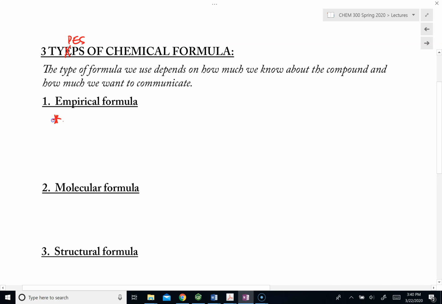So let's write a few things about the empirical formula. This is the simplest type of chemical formula, and it shows the elements that are present.